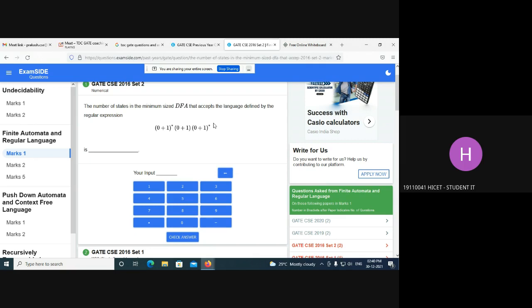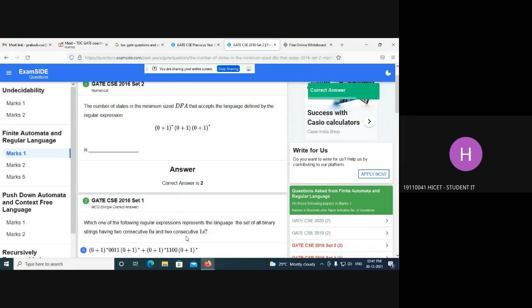Okay, first let us check the answer, then we go for how I have drawn this with two states.